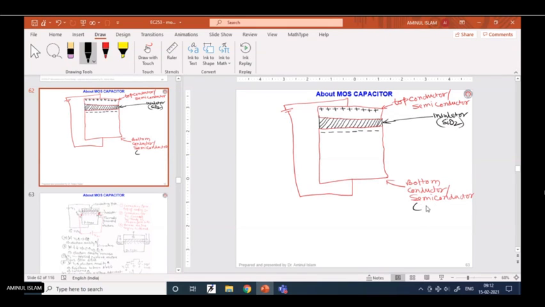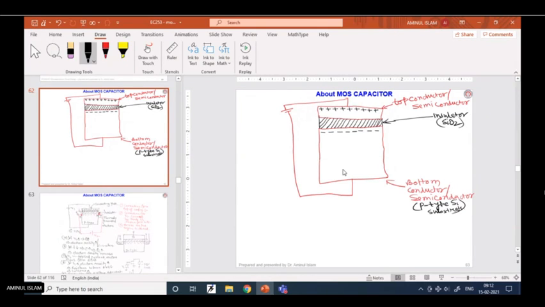Suppose if it is semiconductor, then p-type lightly doped silicon. P-type silicon, which is also called, say, substrate. In this case, we are considering this thing.